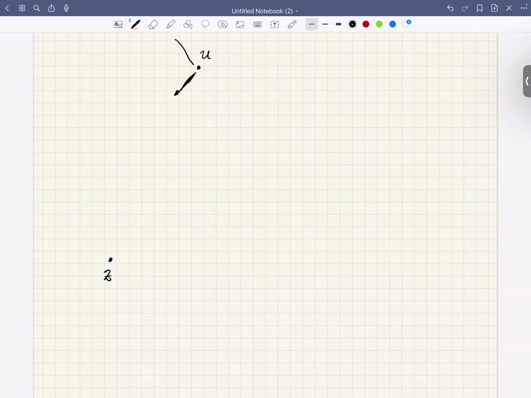Okay, and in the meantime, I'm going to collect two nodes, S1 and S2. In the beginning, they are empty, all right? Now, I start from the child of U on this path, right? If you look at the path from U to Z, there's only one unique path. No problem, right?